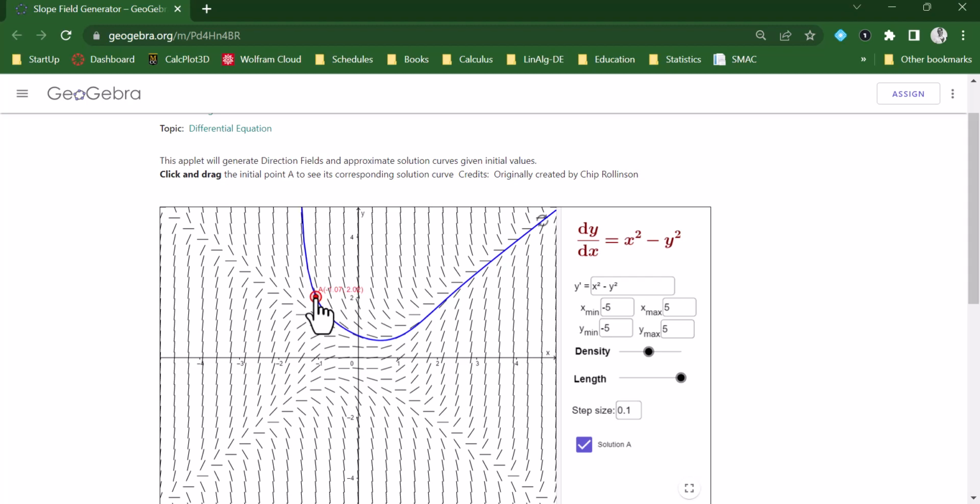It's something like that. Okay, that looks like it should be close enough. I think we went a little too far. All right, that's close.